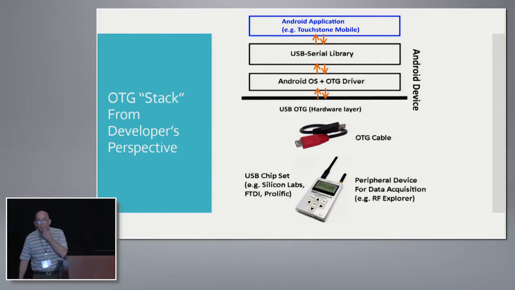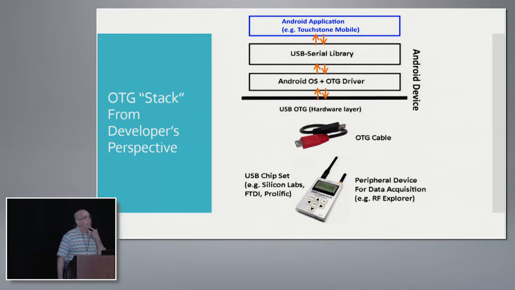Okay, so on this slide here, I've taken some liberty, and I refer to this as an OTG stack. It's not a stack in the sense of a network stack, but when you're trying to develop an application for USB host mode, you need a way to envision how all these pieces fit together.